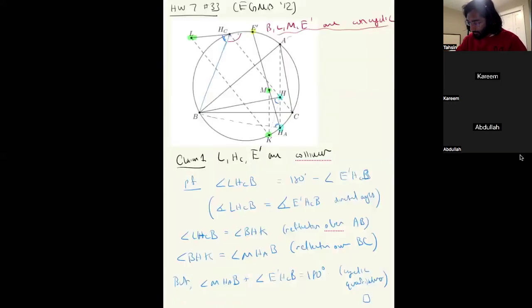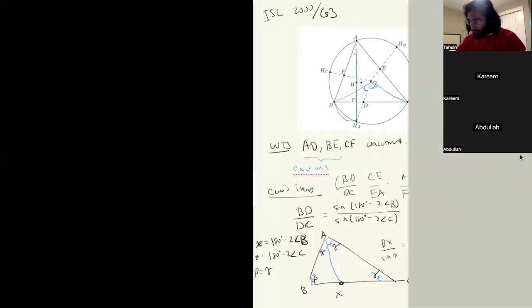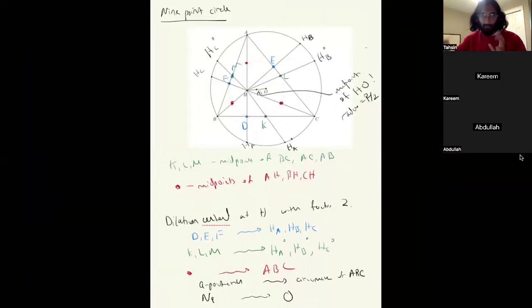Maybe it's here. I cannot find it. Maybe it's here. Yeah. So this is maybe like the first dilation, the one that takes the 9-point circle to the circumcircle.